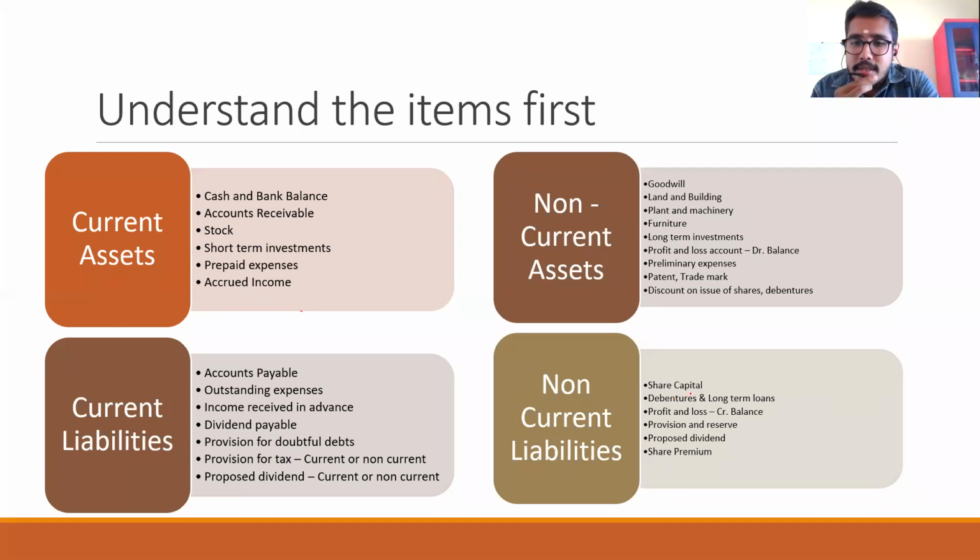Like share capital, debentures and long-term loan, profit and loss account credit balance, provision and reserve, proposed dividend. These are long-term items because they need not be realized to cash. So current assets and fixed assets, current liabilities and long-term liabilities.